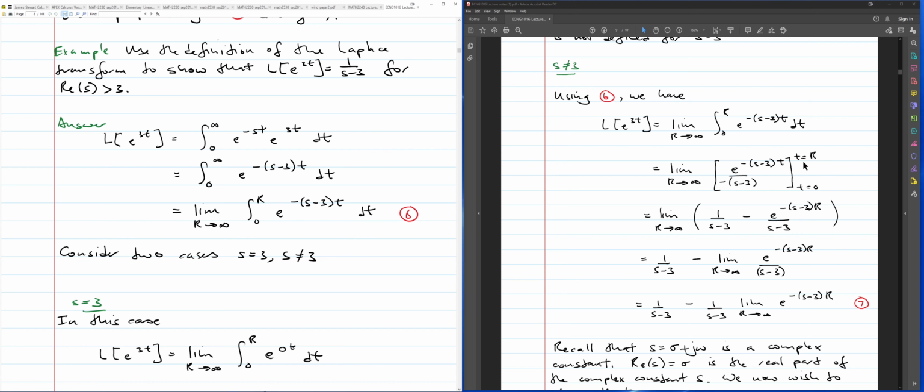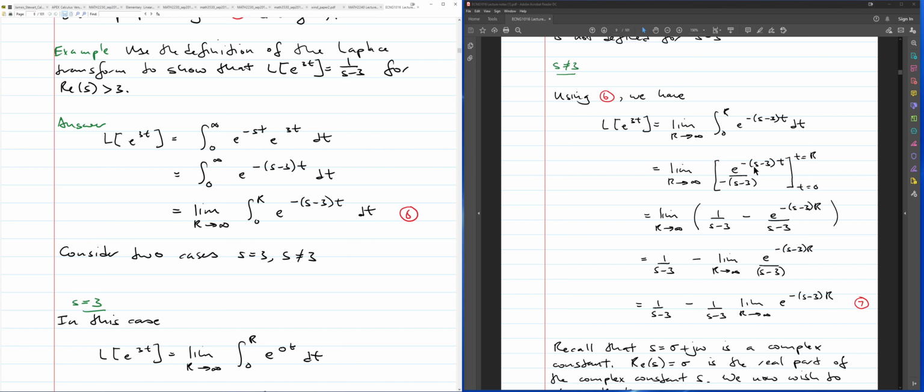Let's do t equal to r first. Putting t equal to r into this gives me e to the minus (s minus 3)r over s minus 3 with a negative. Putting t equal to 0 in gives me e to the 0, and e to the 0 is 1.